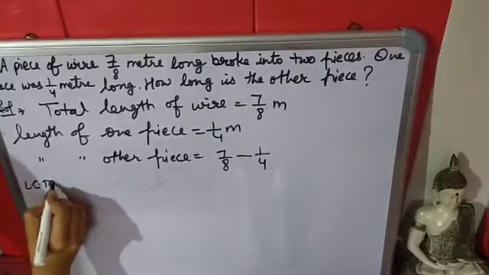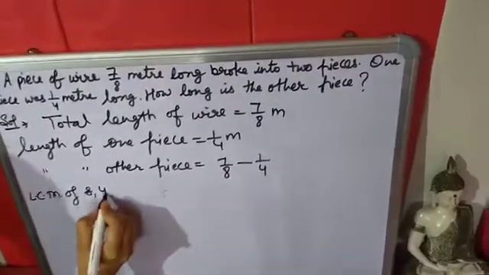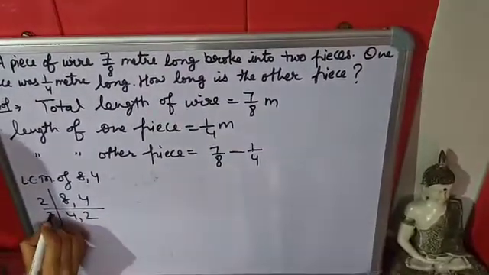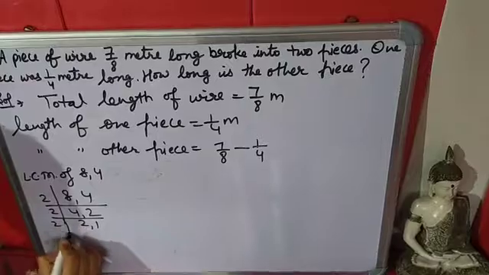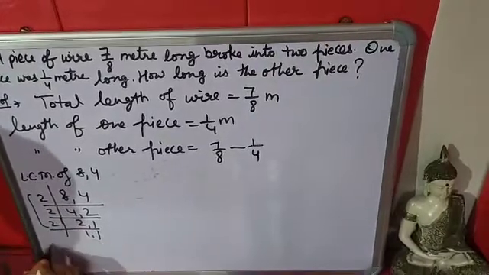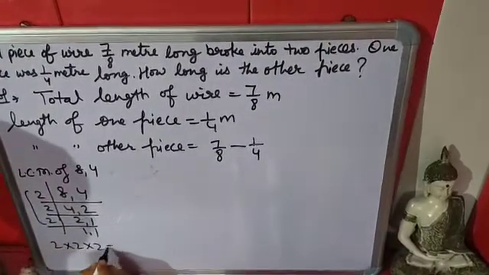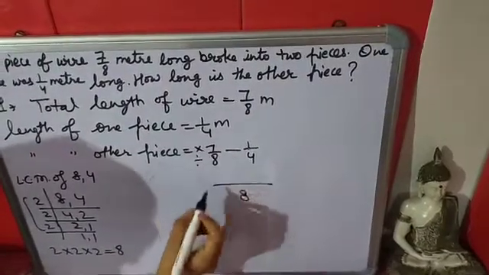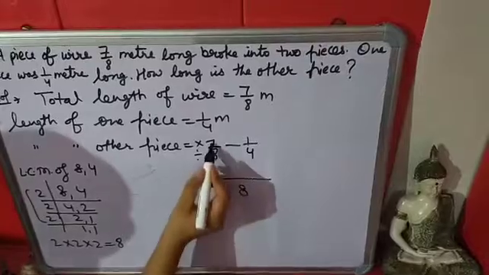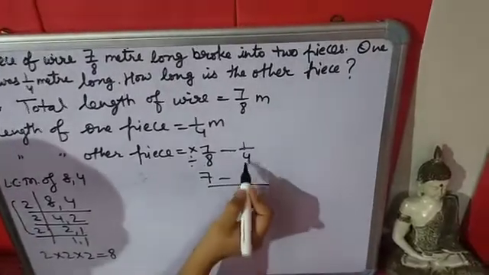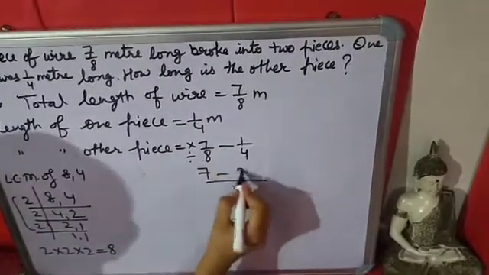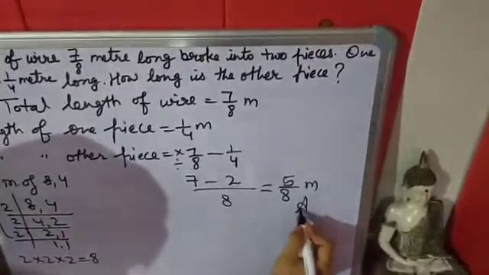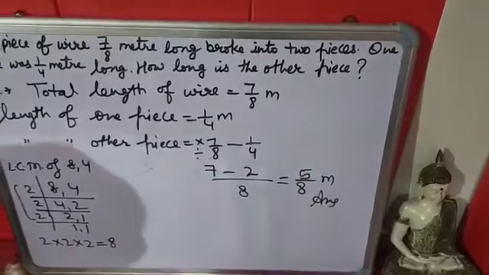Take LCM of 8 and 4. Both numbers will go on 2, again on 2, again on 2. Multiply these numbers, it will be 8. So LCM is 8, divide, multiply. 8 divided by 8 is 1, 1 sevens are 7. 8 divided by 4 is 2, 2 ones are 2. 7 minus 2 is 5, 5/8 meter. This is the length of the other piece.